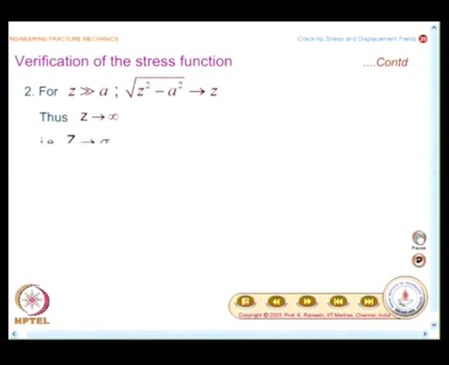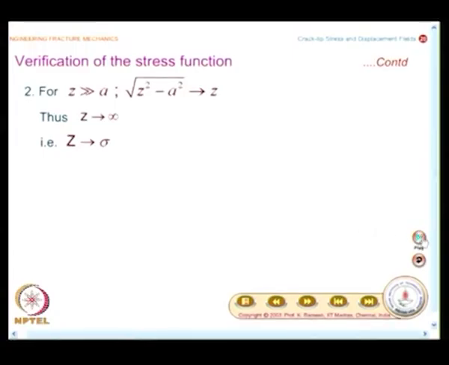Stress function becomes just a number sigma, it is constant, it is not a function of z. So, when it is not a function of z, Z prime is 0, because if you look at the expression for sigma x or sigma y, you need to know what is capital Z and what is capital Z prime. Now, we know all of them at infinity.